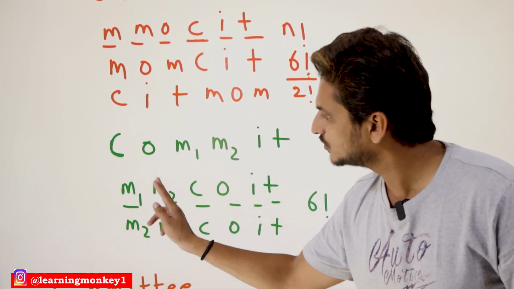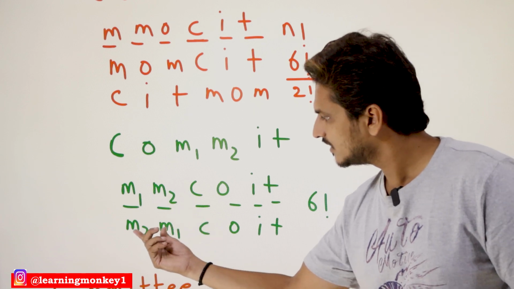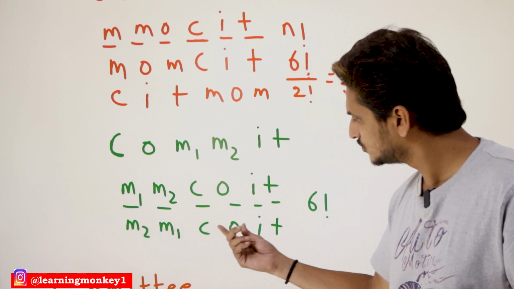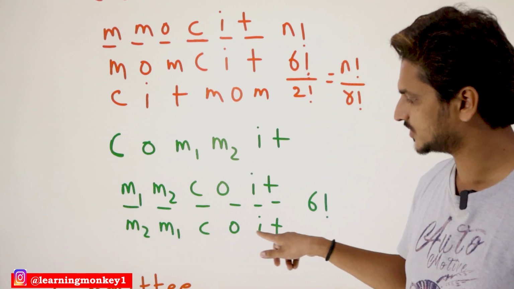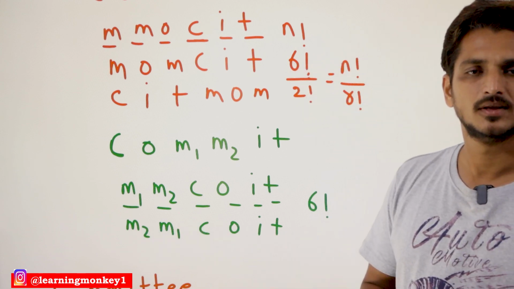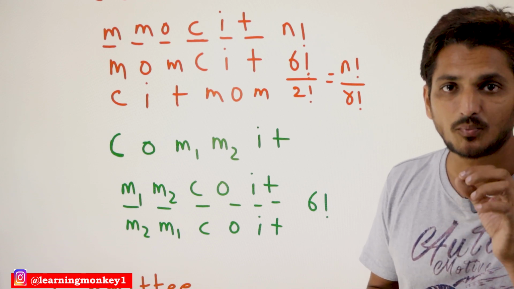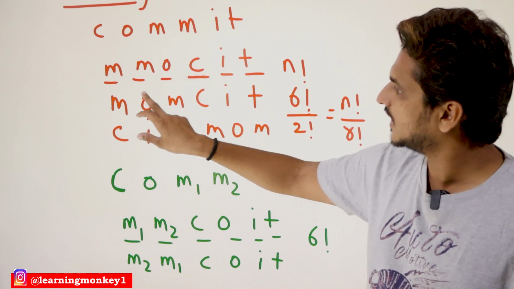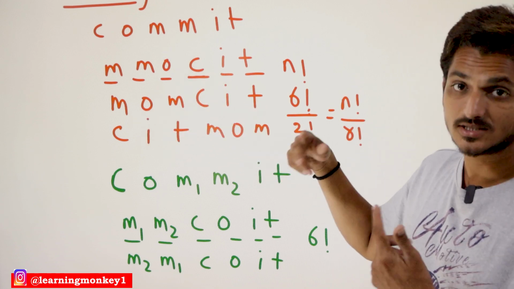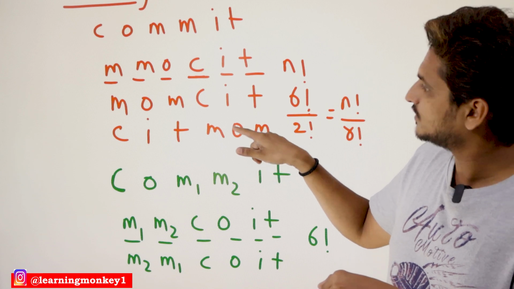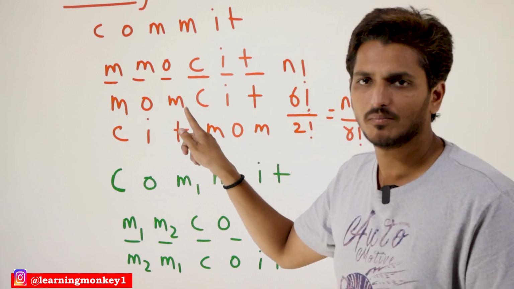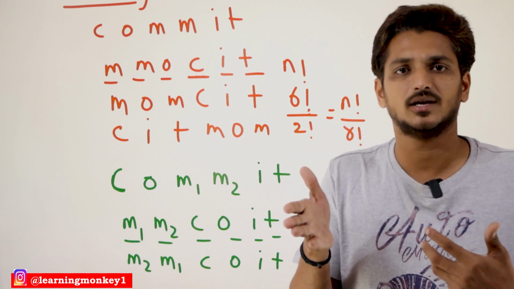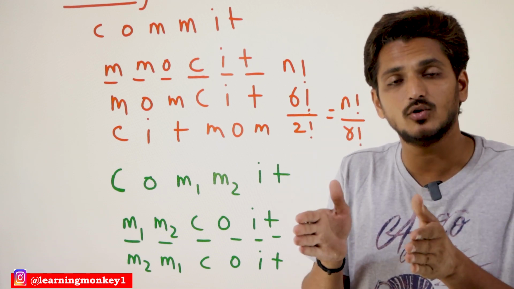Because M1 and M2 are the same, you should not have this second option. This is the point you need to understand. What is another possibility? M-O-M-C-I-T. In this arrangement, if you swap the two M's, you are not getting a new arrangement. You get the same arrangement.